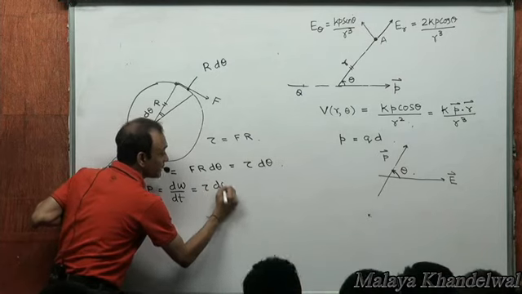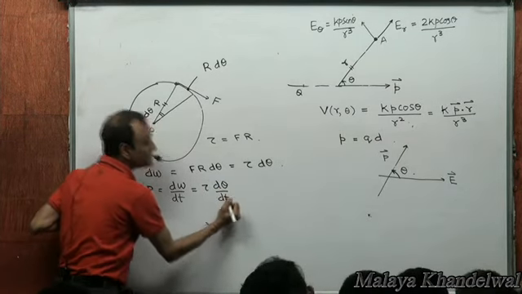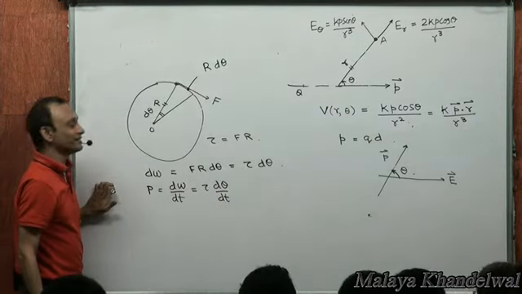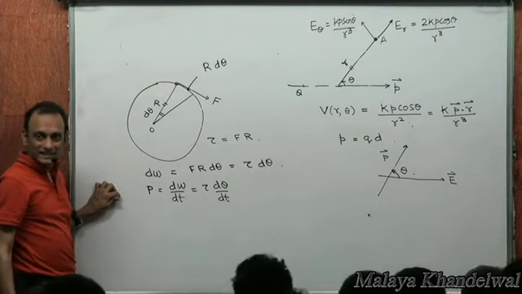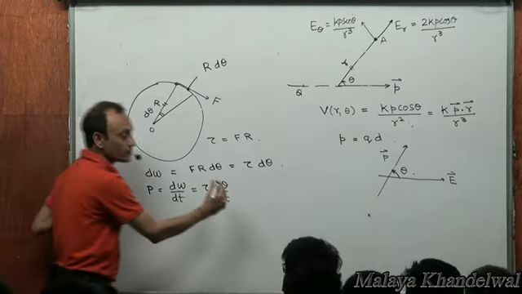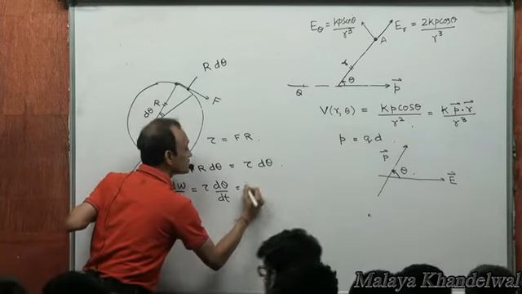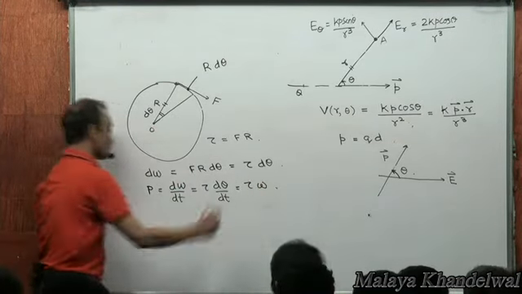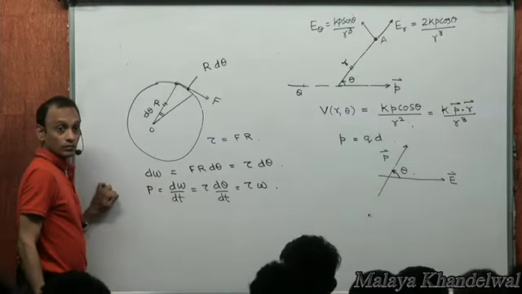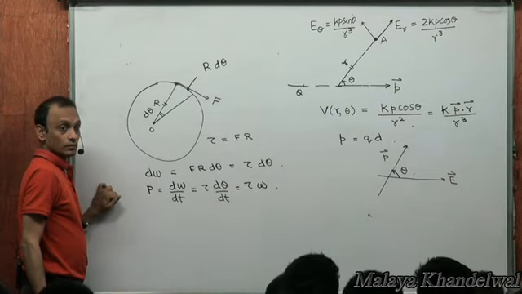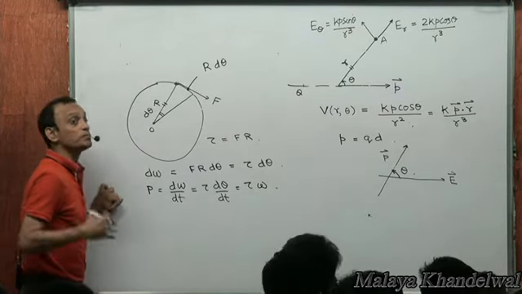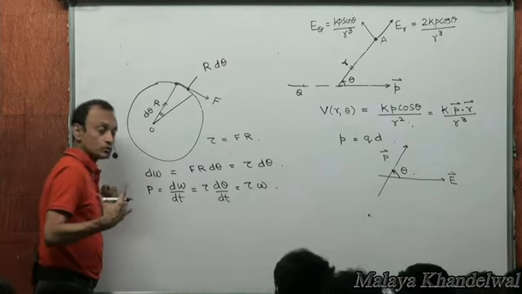That is tau d theta/dt. But d theta/dt is omega. Yes or no? So this is like tau omega. That's the power associated with a torque.